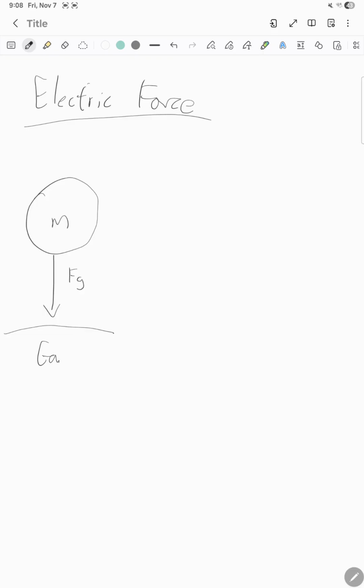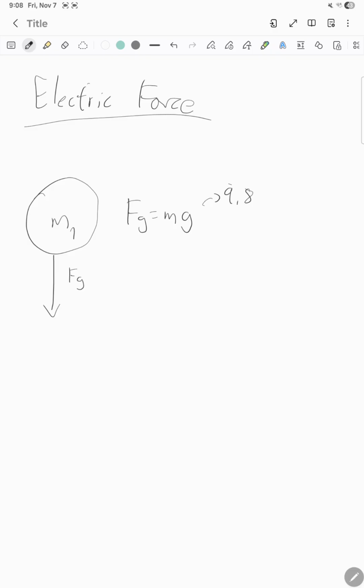Let's say this is Earth. A body could be attracted like this, or there's another body with M2 here, and this is M1, and they are also attracted by a gravitational force. When we want to know the gravitational force on Earth, we do the mass times g, which is 9.8.